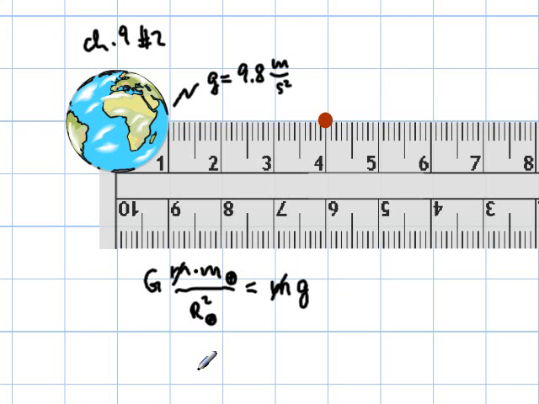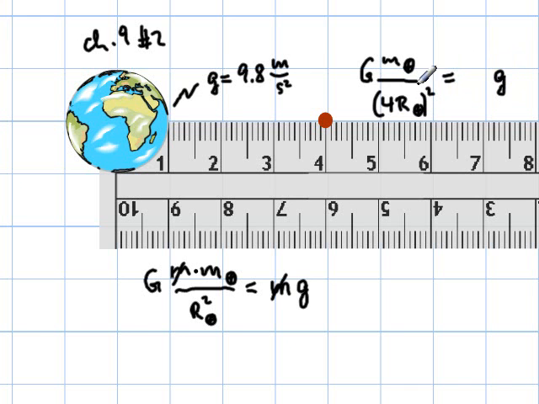Okay, so now we go further out and we're going to say, okay, we have G times the mass of the Earth divided by, now we're 4 times further out, so 4 times the radius of the Earth, and that needs to be squared. And now we get a fraction of g.